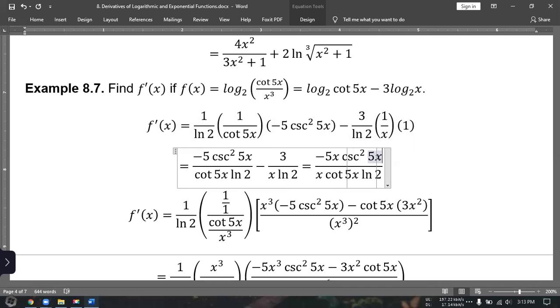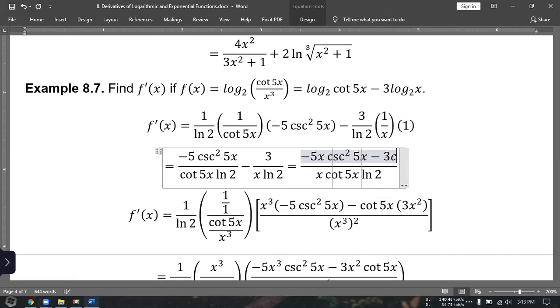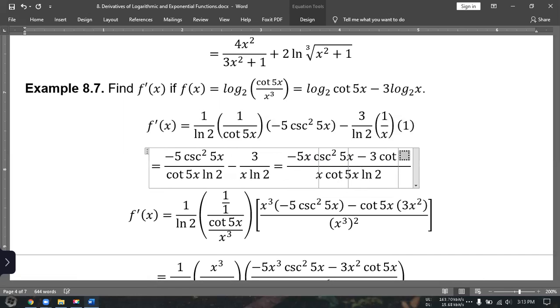Then minus LCD divided by the denominator of our second term, so ang matitira na lang natin is cotangent 5x, and then that will be multiplied to 3. This should be the same as the solution natin.